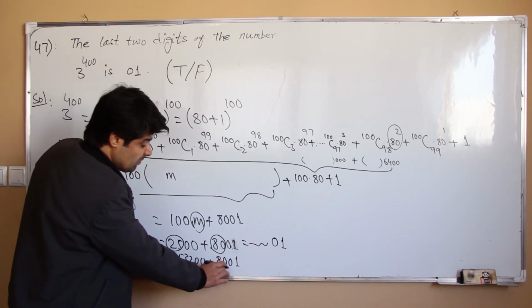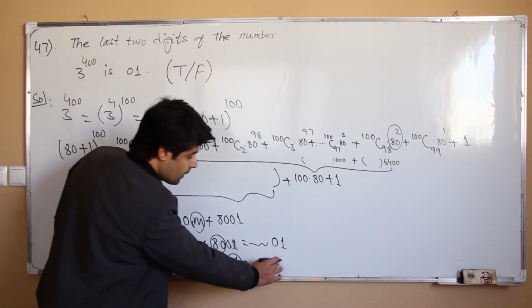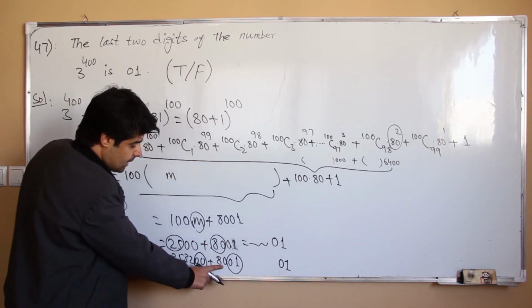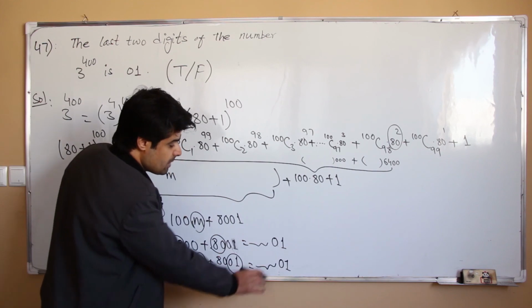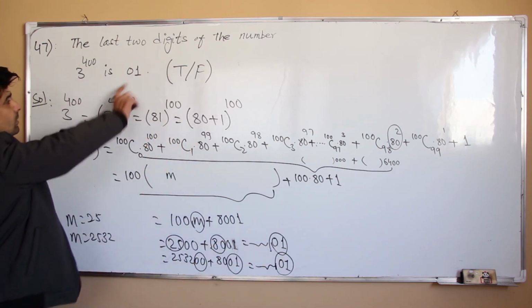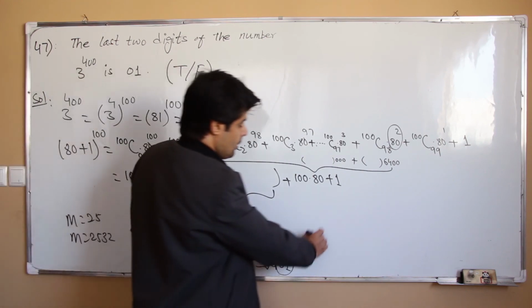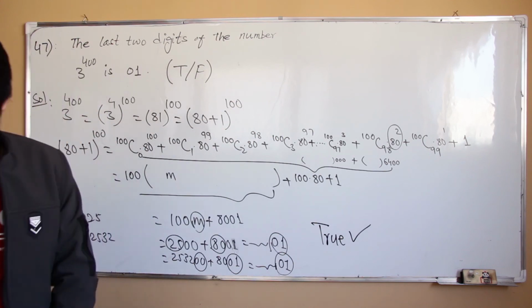And here also, this 0, 1, if you add with this one, we have 0, 1, and this 80 added with this one, there is something. It means the last digits are 0, 1. So we can say that this one is true. Write it, please.